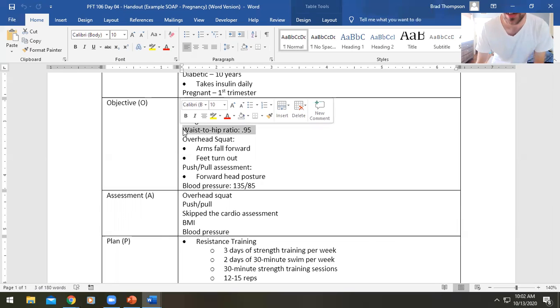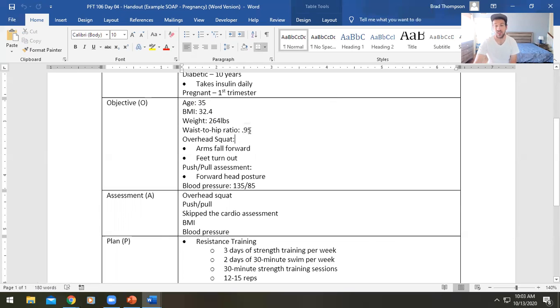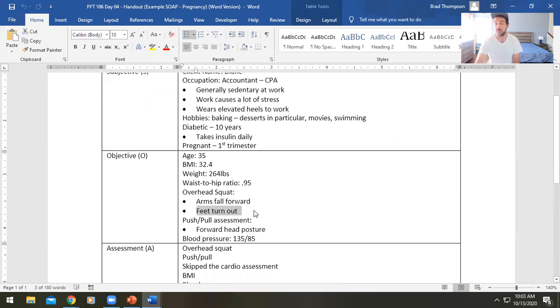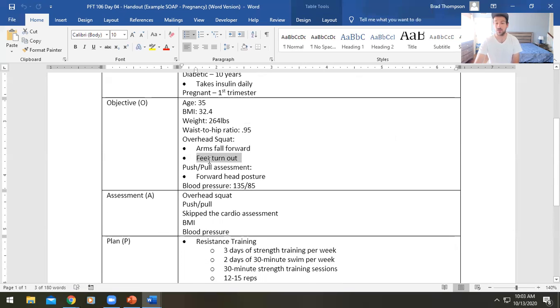So because her waist to hip ratio is elevated, that could actually be explaining why she is suffering from diabetes, right? We know she has a lot of excessive abdominal fat. Her overhead squat shows arms falling forward and her feet turning out, which makes a lot of sense, considering she has to wear those high heels. That's making her gastrocnemius really overactive because she's good at plantar flexion, but she struggles with dorsiflexion.